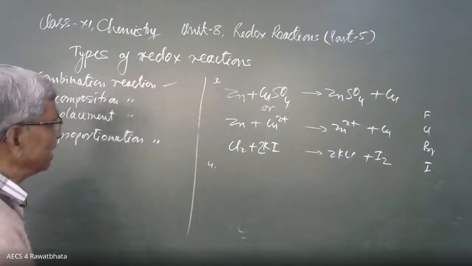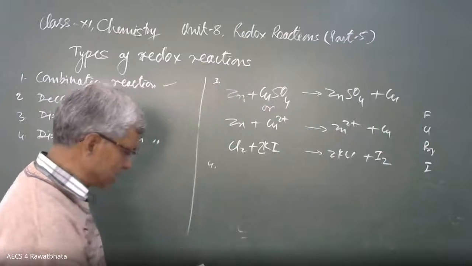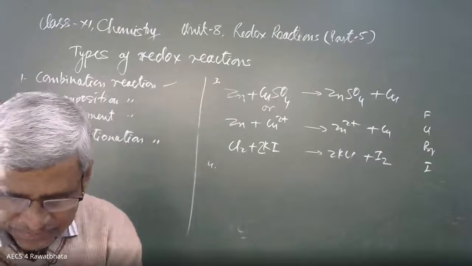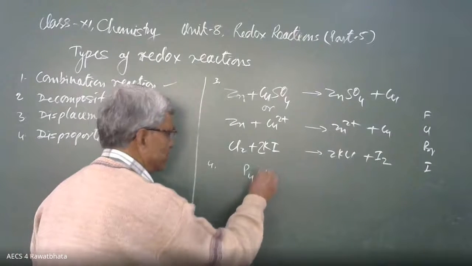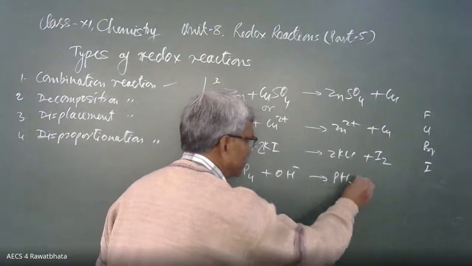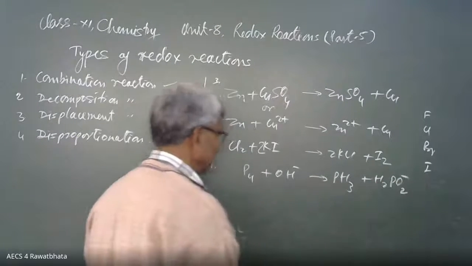An example that I have taken for balancing is P4. The reaction is P4 plus OH minus gives PH3 plus H2PO2 minus.